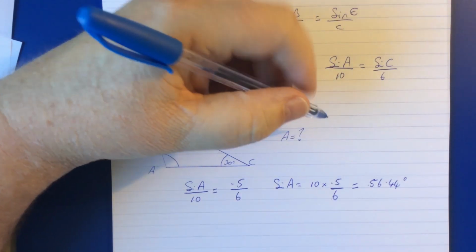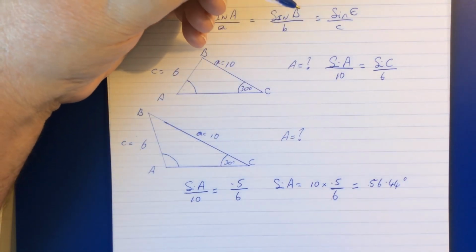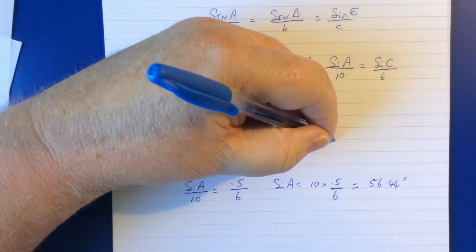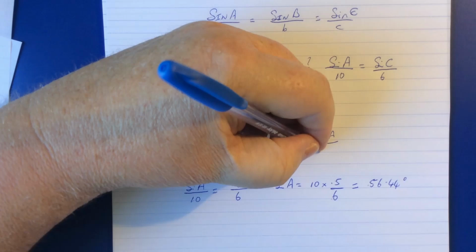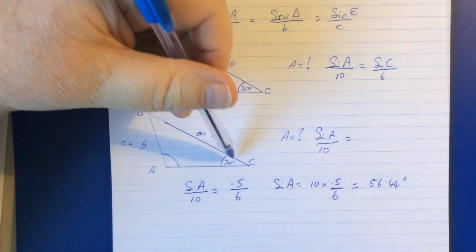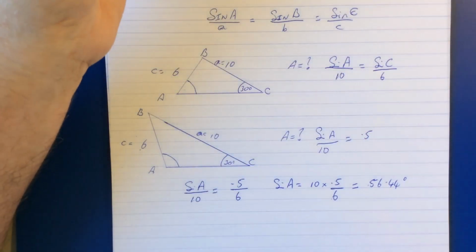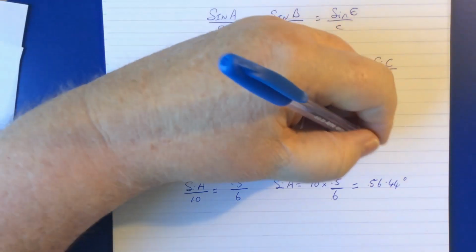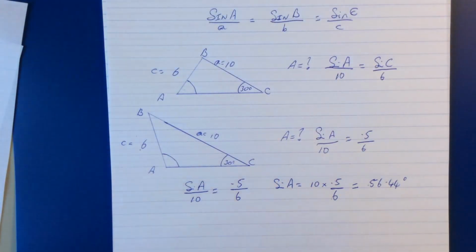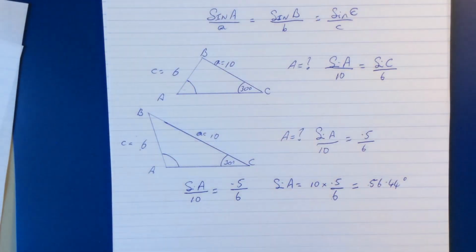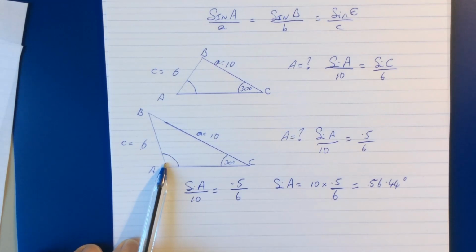Okay, so what do we do? Well, surprise, surprise, the sine of A over 10 is equal to the sine of 30 degrees, which we know to be 0.5, over 6. Does that look familiar? Now, what's going to happen is this is going to give us 56.44 degrees. And that plainly does not look right.